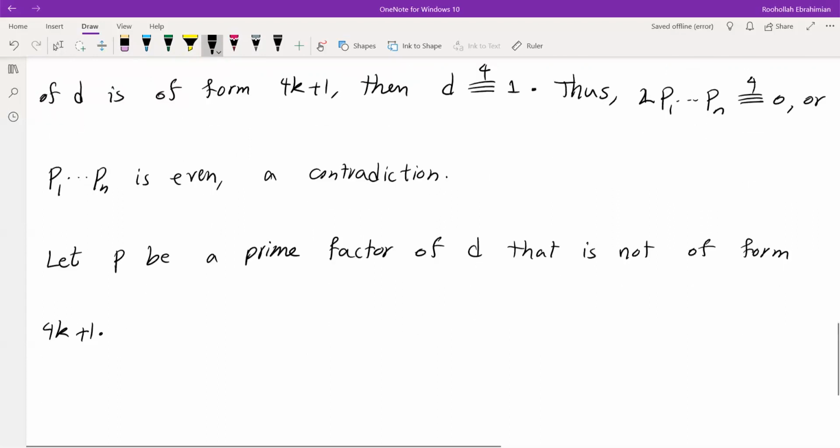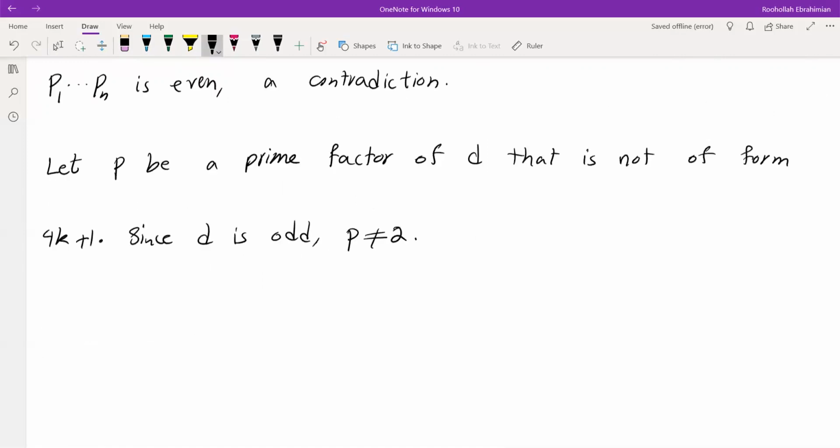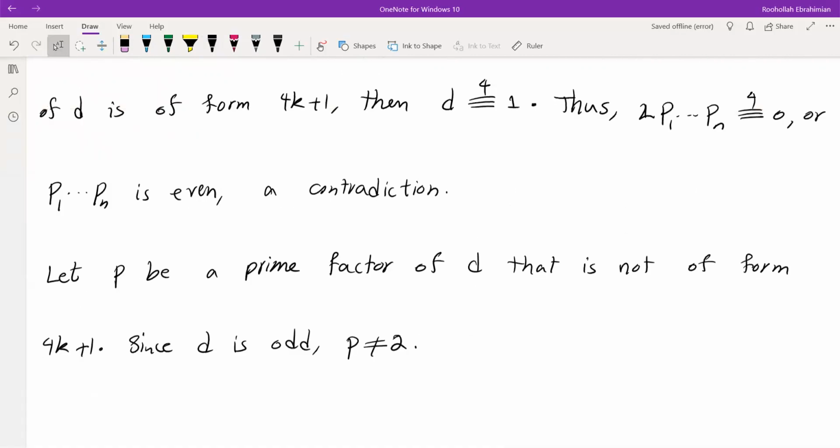So there are two possibilities. Either P is 2 or it is 4k minus 1. So since D is odd, P is not 2. Now, that means P must be of form 4k minus 1.